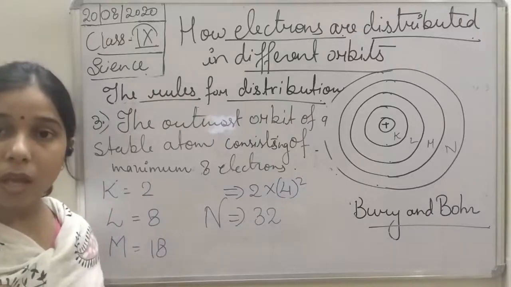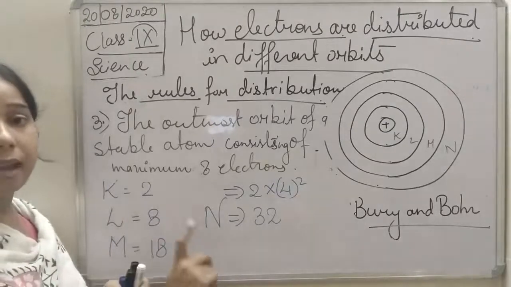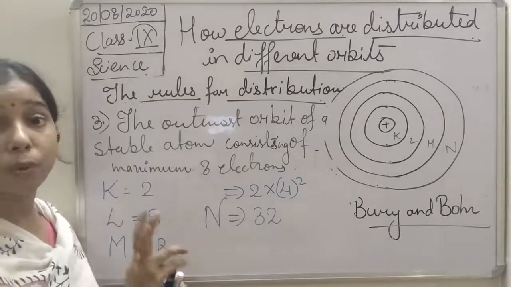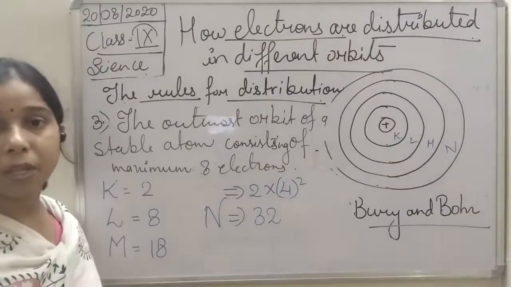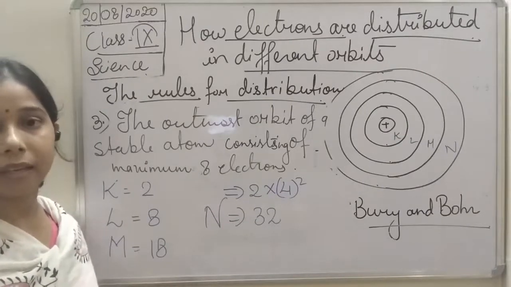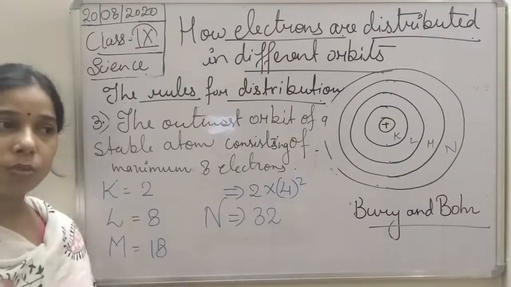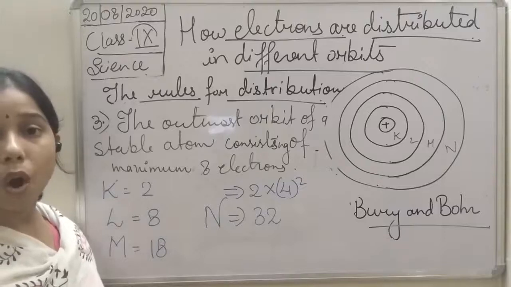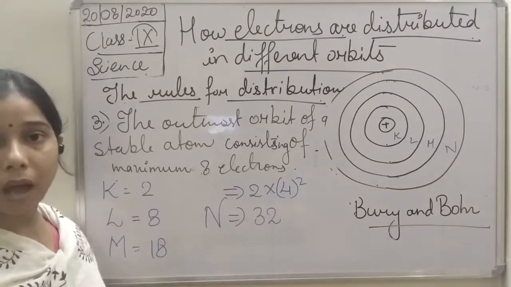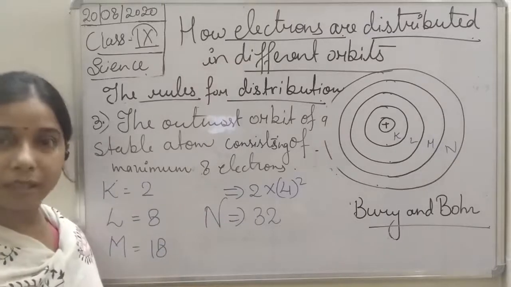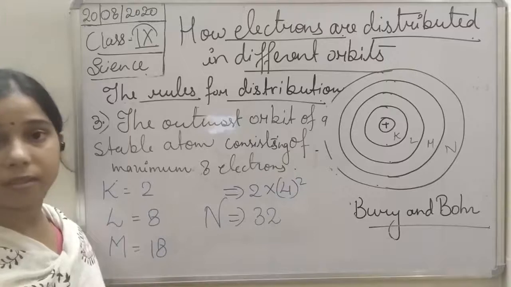So even if it is an M shell, it must have 8 electrons to provide stability to the atom. We use another term for 8 electrons: octet. So the outermost shell must have its octet, students, which means it must have 8 electrons.